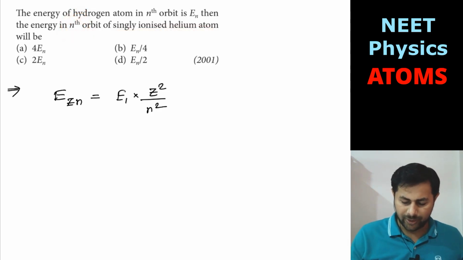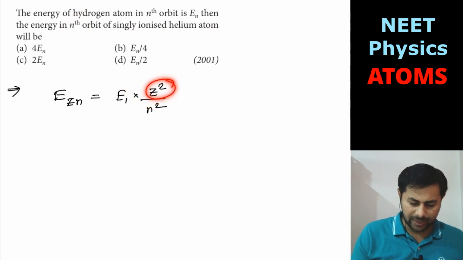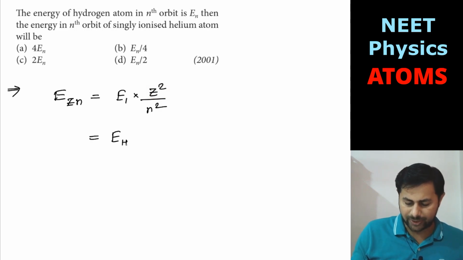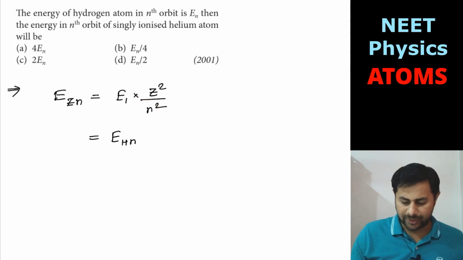For hydrogen it would be E1 divided by n square, and because they are asking about helium, this is energy of nth orbit of hydrogen times Z square.